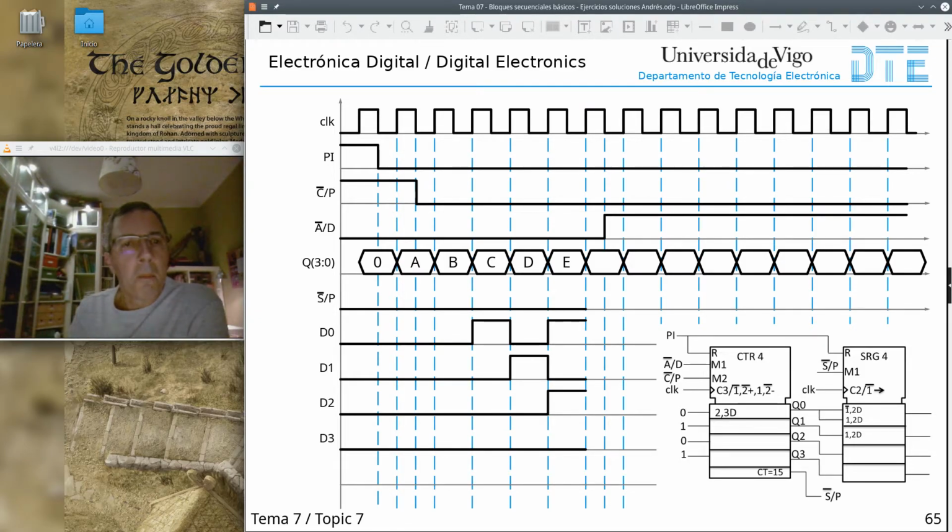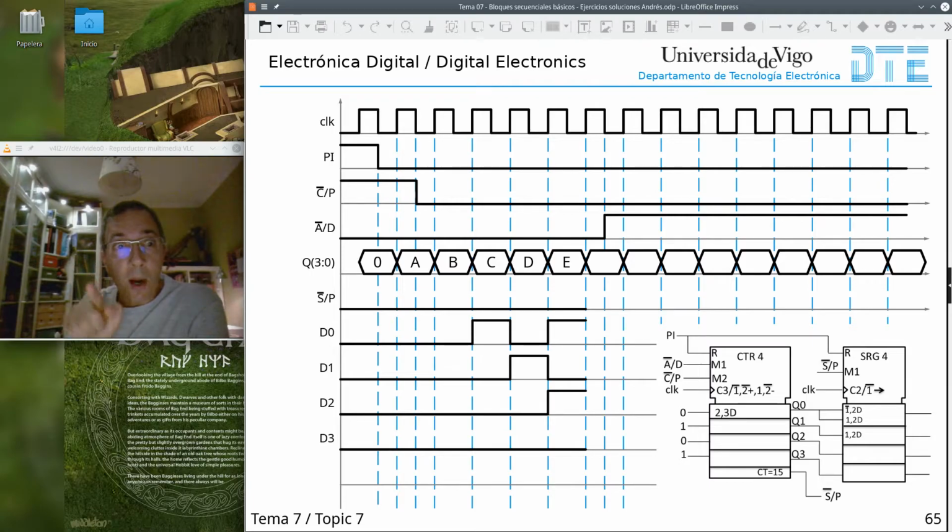Yeah, but we are going to F, and as we are going to F, the SP signal will also go to 1, because we reach the end, we reach the maximum value of what we can count with this counter. Yeah, so well, two changes in the output of the counter. We will be going to F, and then our count equal to 15 will be 1. Yeah, so SP signal will be 1.